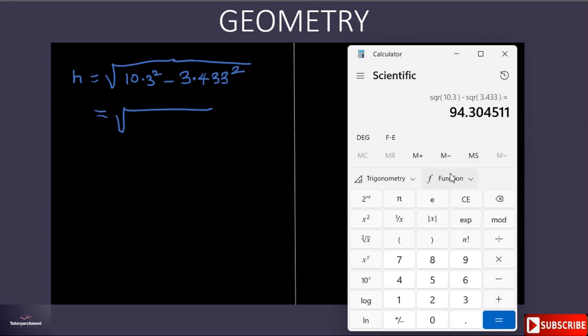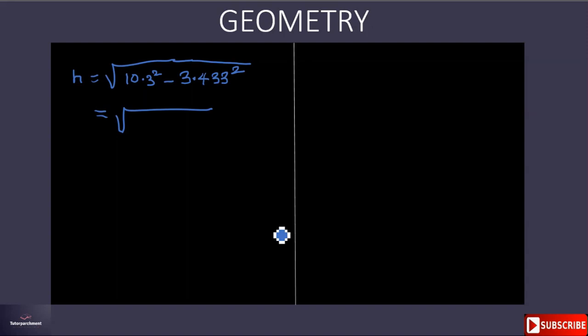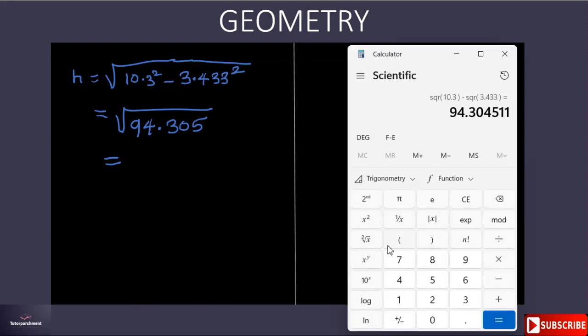So this is the square root of 94.305. So using your calculator, the height of the cone will be the square root of this answer.